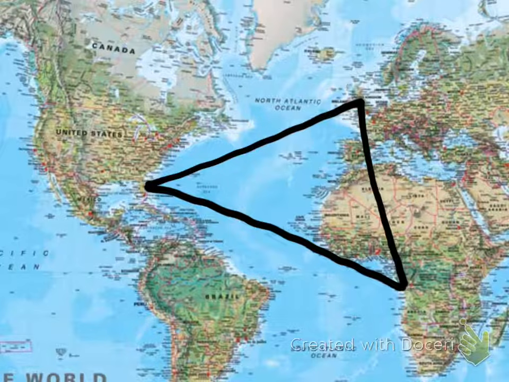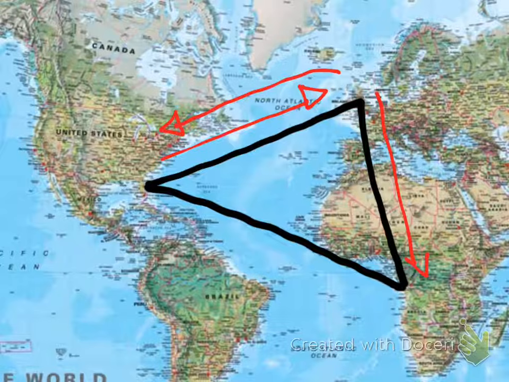Another important piece to remember is even though we had raw materials going to Europe from the Americas, we also had manufactured goods going to the Americas from Europe. And while we did have manufactured goods going to Africa, we also had things like gold and spices going back to Europe.